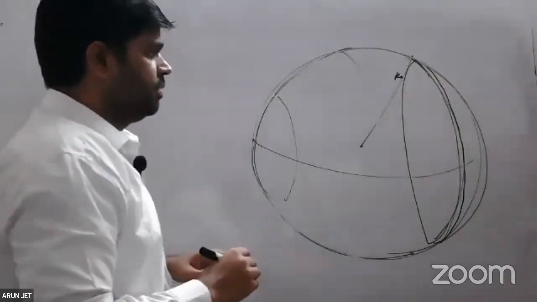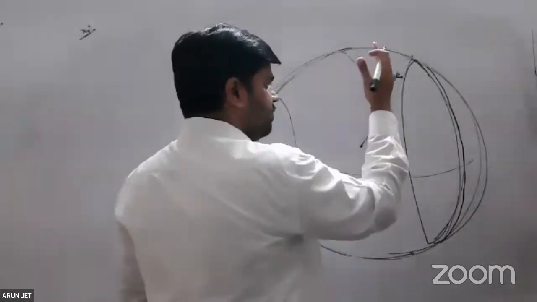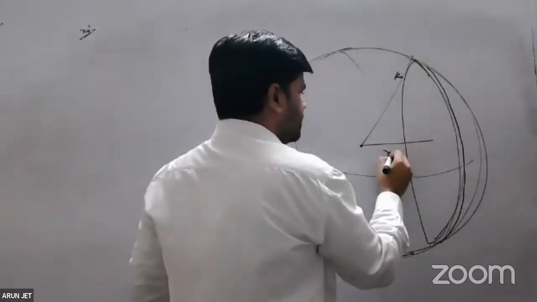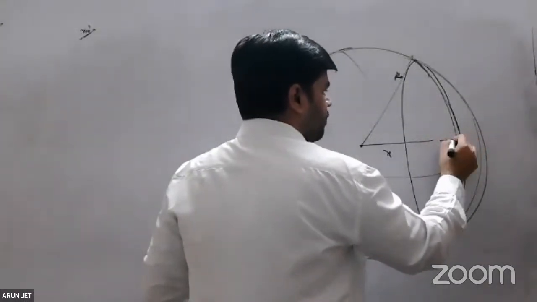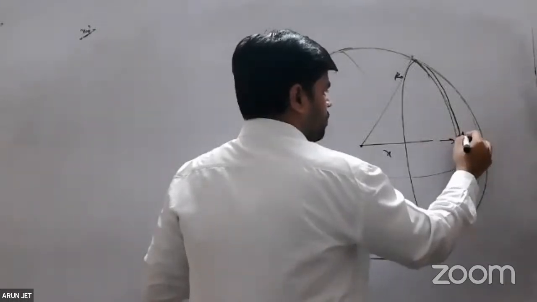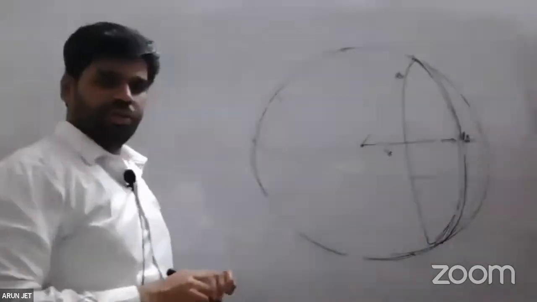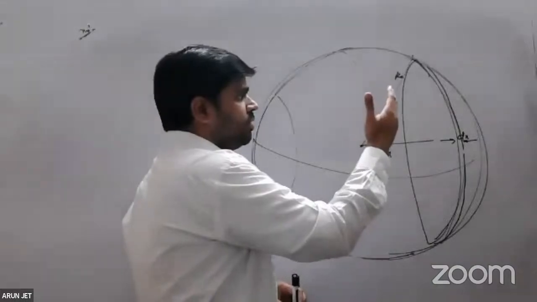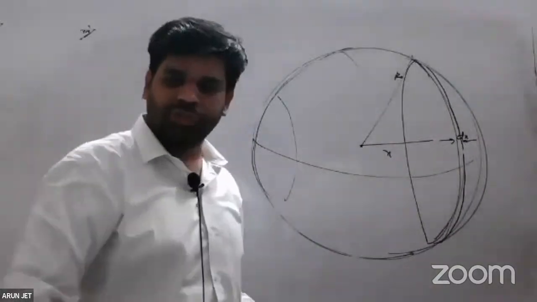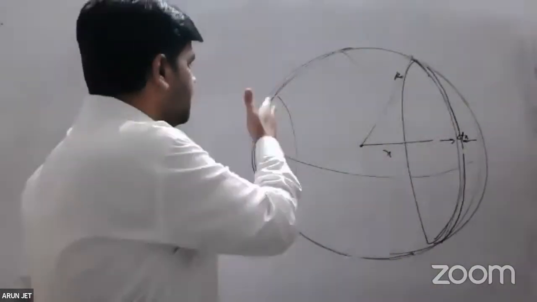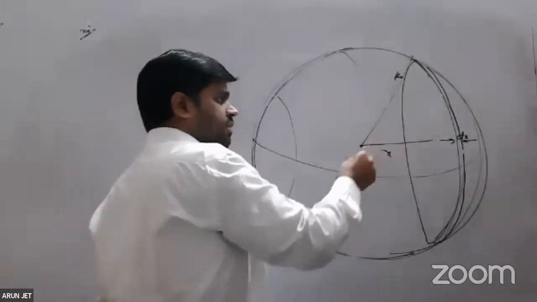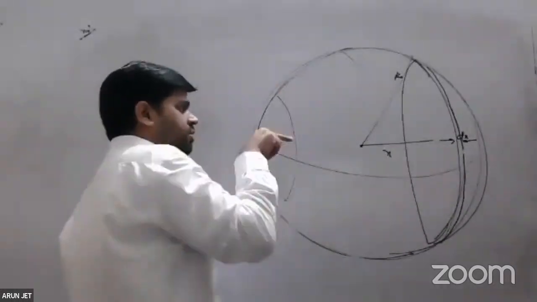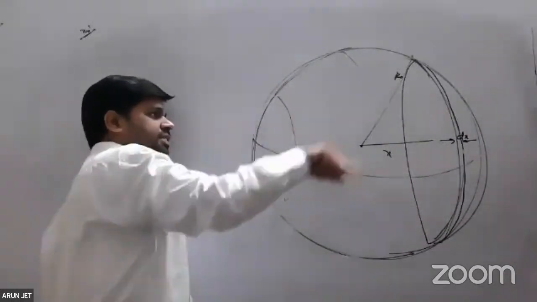If I section this with a vertical plane at a distance x, what I get is a thin circular plate of width dx. So I'm chopping this sphere into an infinite number of very thin infinitesimal discs. All discs are circular like this.